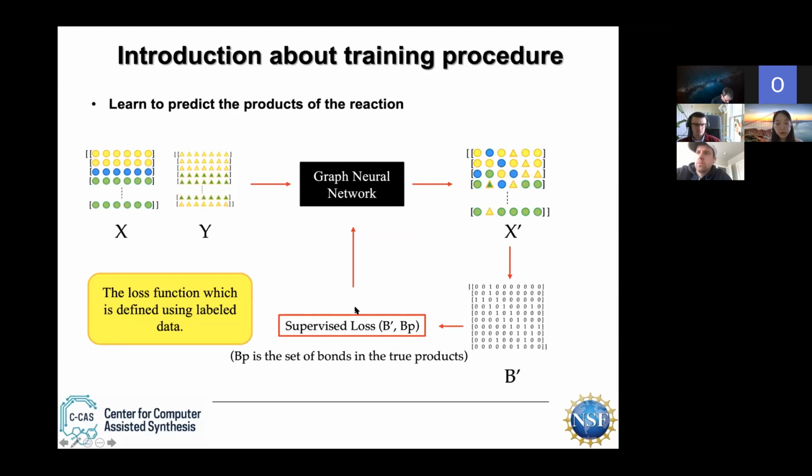Using this loss function, we train the graph neural network to minimize the differences between B prime and BP. Then we can make B prime more accurately predict the product of the reaction. So this is the whole procedure of the prediction. That's all. Thank you.